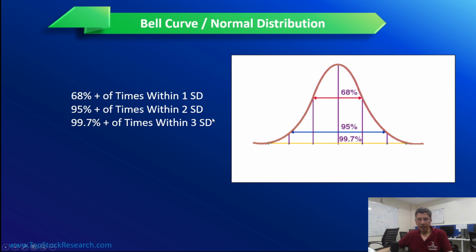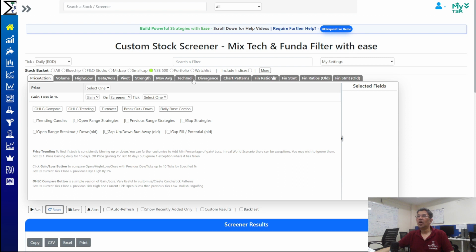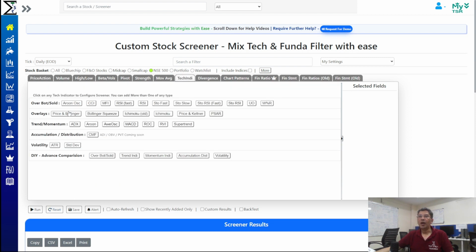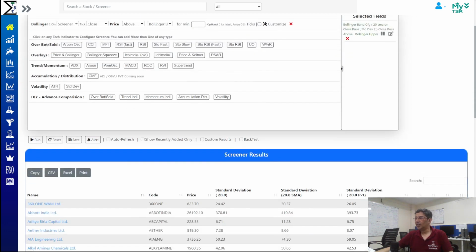Now there's a very important and powerful indicator which is built on standard deviation, which is Bollinger Band. So when you look at a stock which is within Bollinger Band, let's look at any stock for that matter.